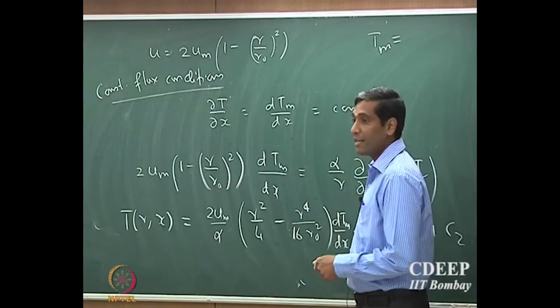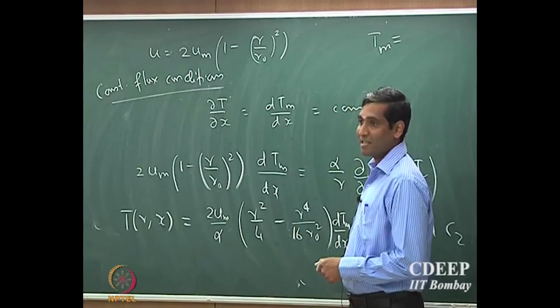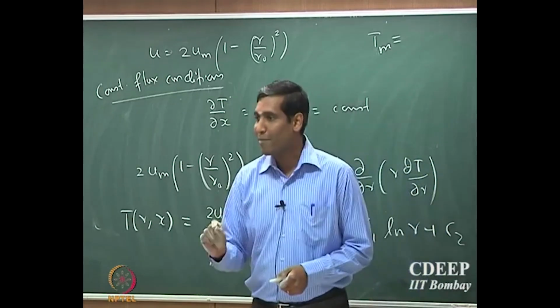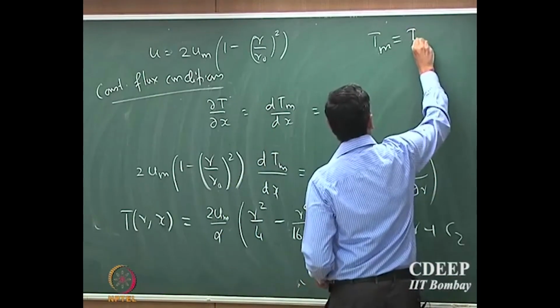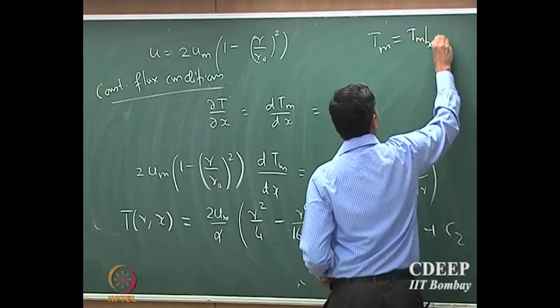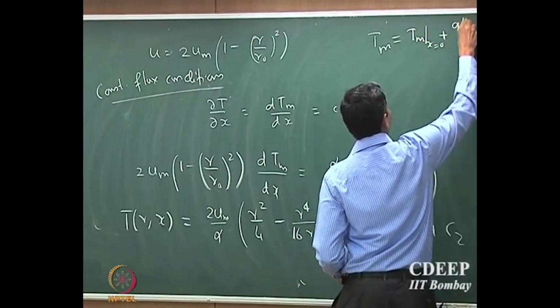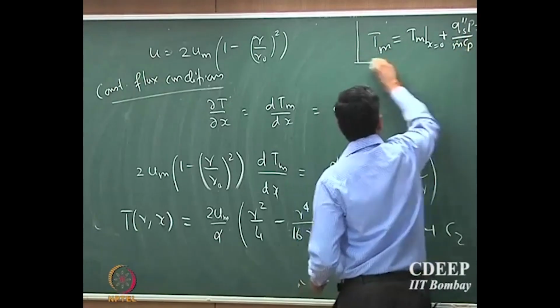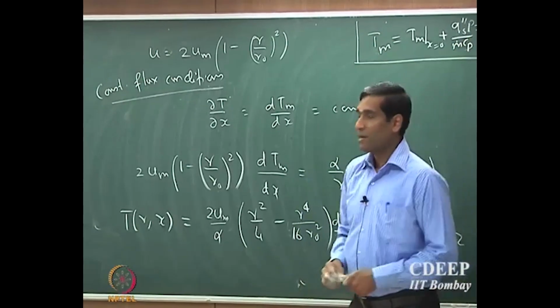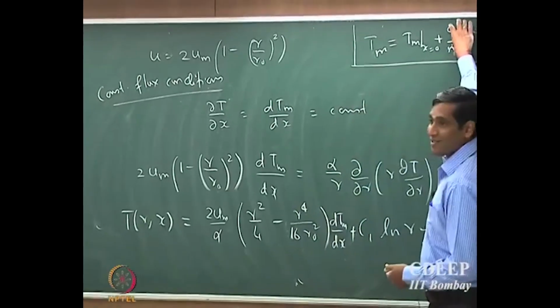Be very careful: this is the gradient dTm by dx, not Tm. Tm goes as Tm at x equal to 0 plus Qs double prime P into x by m dot Cp. But dTm by dx is a constant.